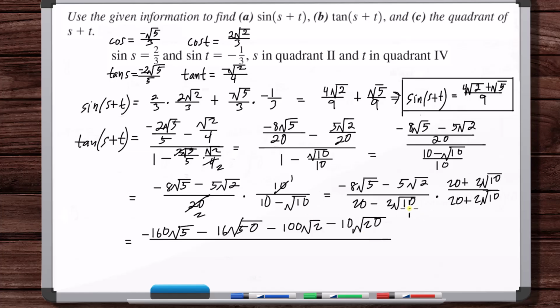All that over 20 times 20 is 400, and then that would be 400 minus 4. So 2 root 10 times 2 root 10 would be 4 times 10. So 400 minus 40, which is 360.